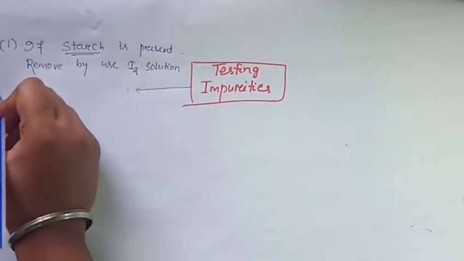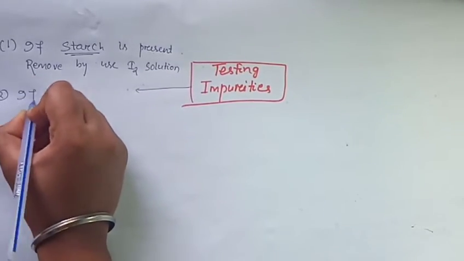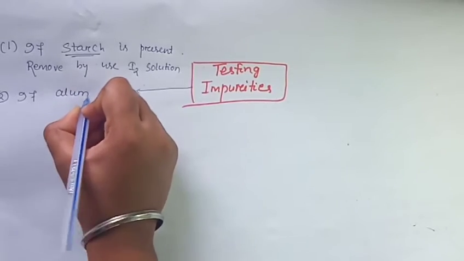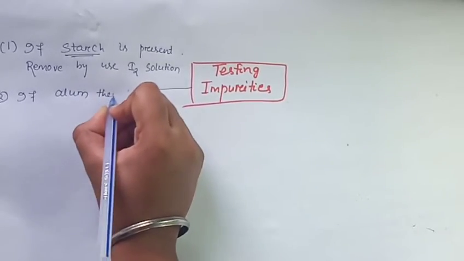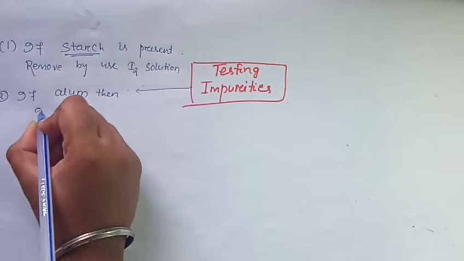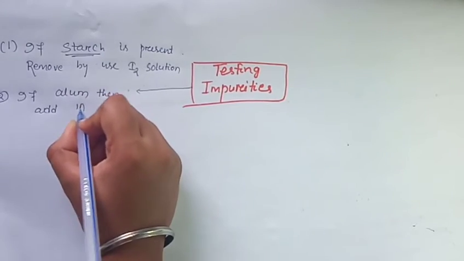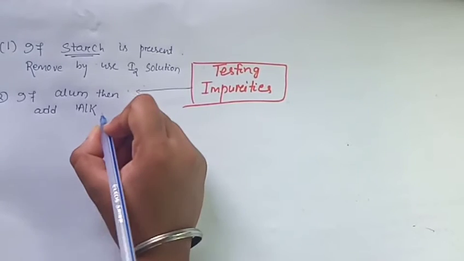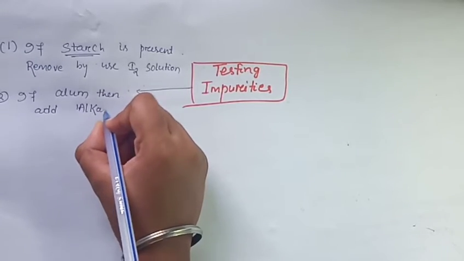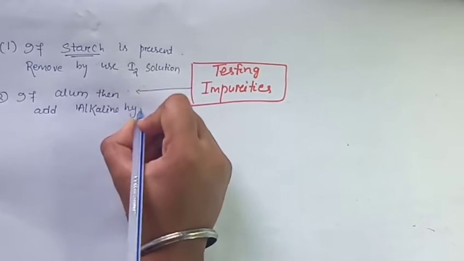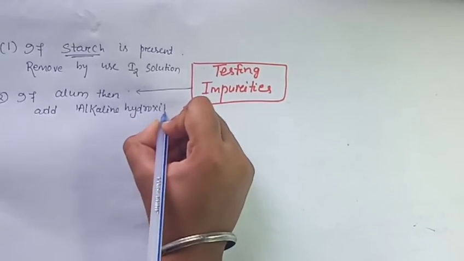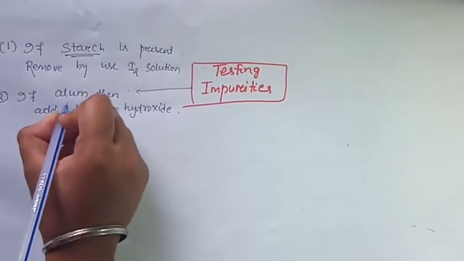Second, if alum is present, then we test for it, then we add alkaline hydroxide, which will remove the alum.